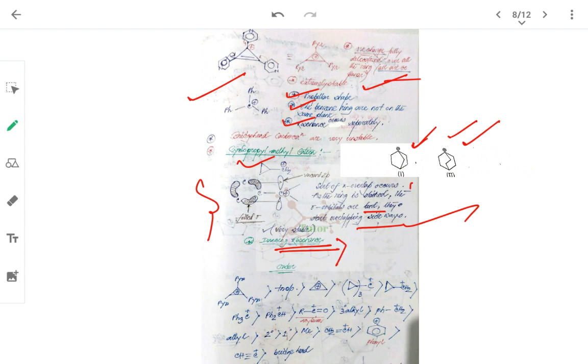What is dancing resonance and what are the specialties and peculiarities of this type of resonance? We will discuss in a later video. That is dancing resonance. But I think dancing resonance is not a subsequent topic of the NEET syllabus. So this is the only information. In cyclopropyl methyl cation, there occurs dancing resonance. It's very stable.